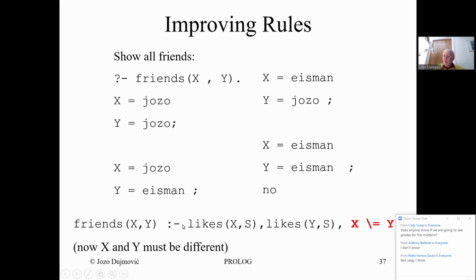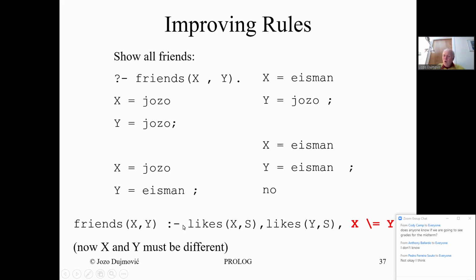So since you don't know their values, you cannot check are they the same or not. So for this relationship to be tested, it is indispensable that both X and Y are instantiated. And they are instantiated from the search mechanism, and search mechanism is based on likes predicate.